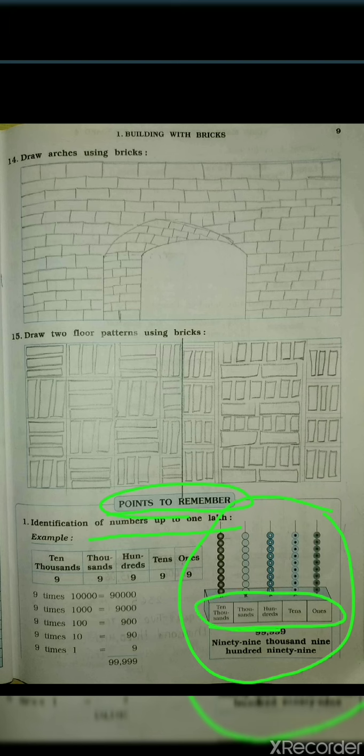So the place value you people obviously know about: ones, tens, hundreds, thousands, 10,000, and if we go ahead then lakhs, and the number will be increasing.